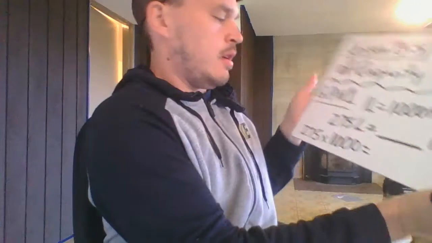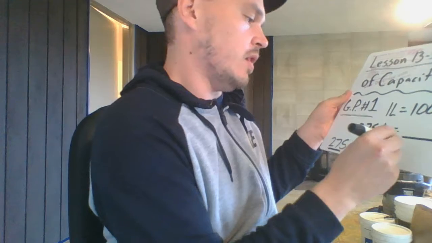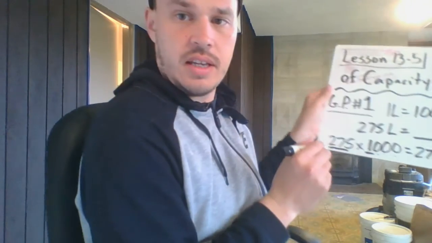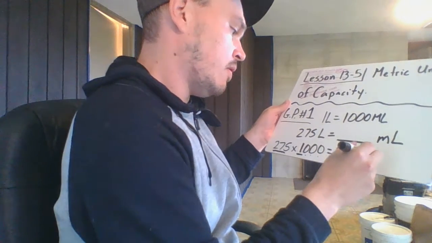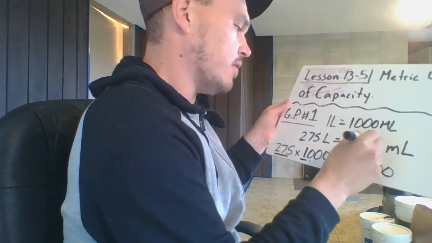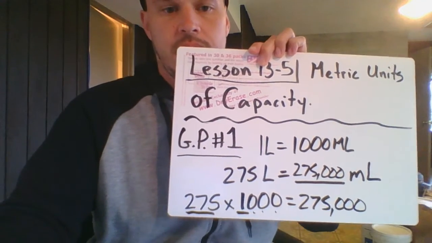You'll do 275 times 1, then add 1, 2, 3 zeros to it, and you'll get 275,000 milliliters. So that's how you do guided practice number 1.